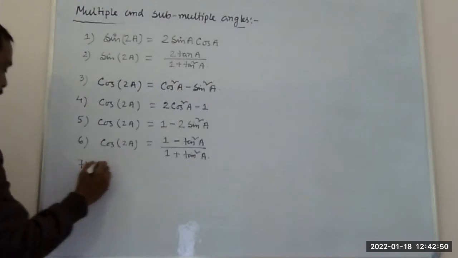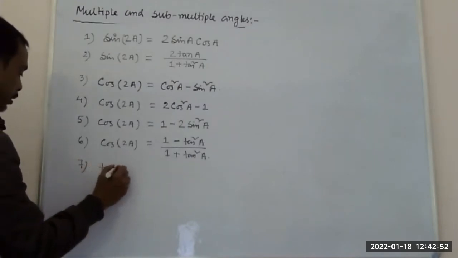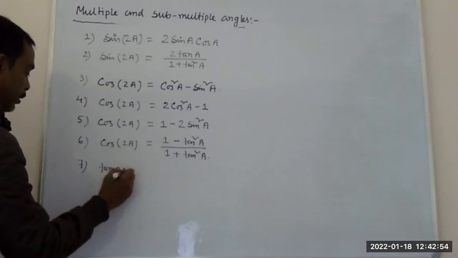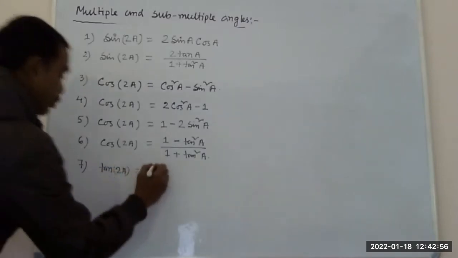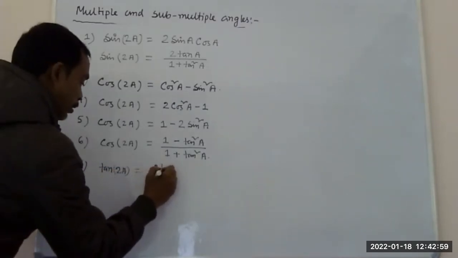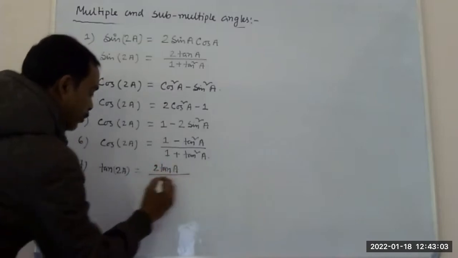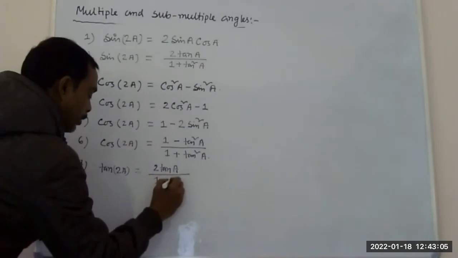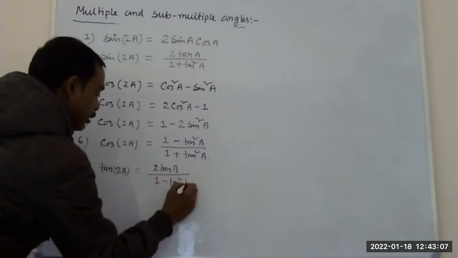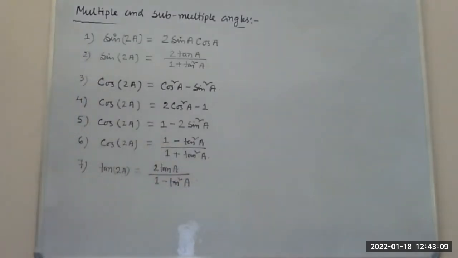And number 7, tan 2a is equal to 2 tan a divided by 1 minus tan square a. So these are our basic formulas of multiple angle, where the multiple is 2.